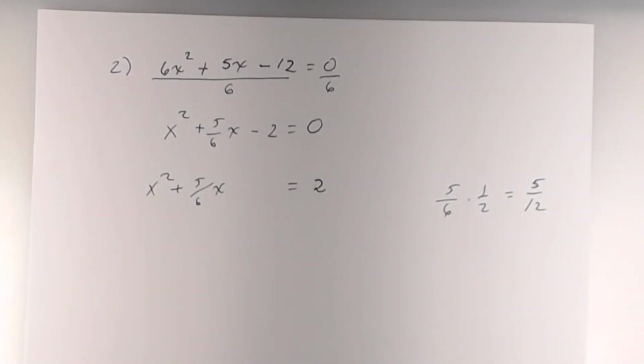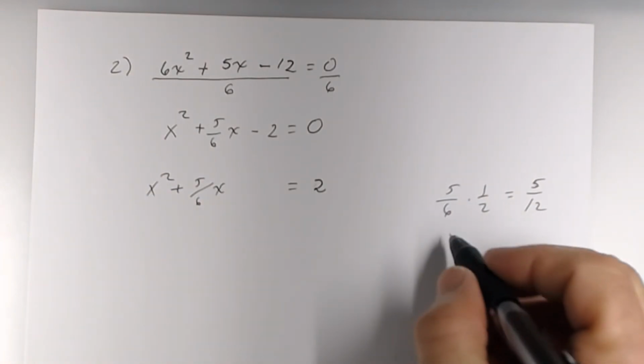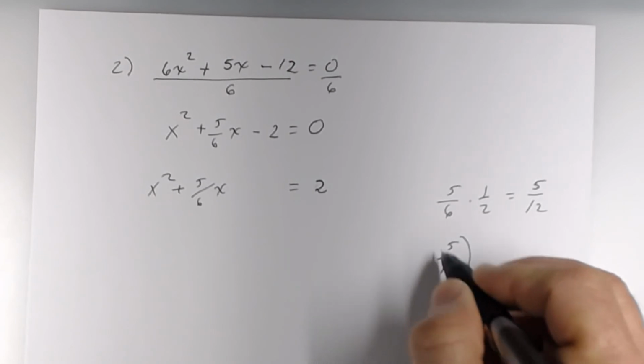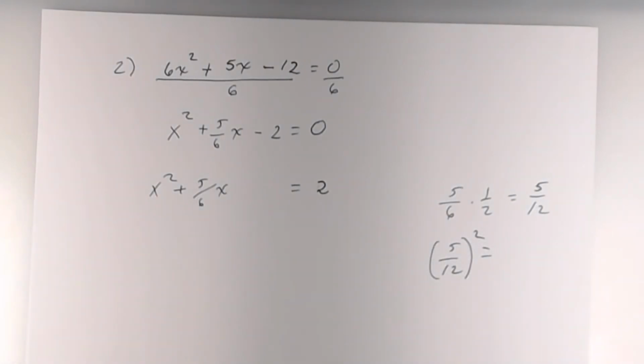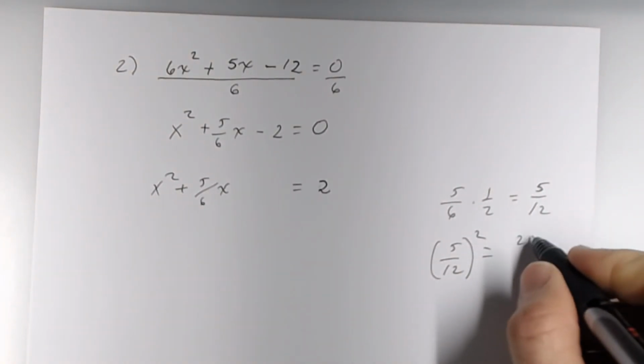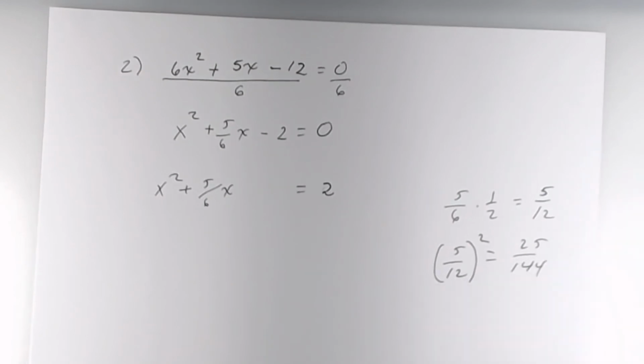Now, once you get 5/12, what do you do with that 5/12? I've got to square that. And when I square that, what's 5/12 times itself? 25 divided by 144? What do I do with 25 divided by 144?